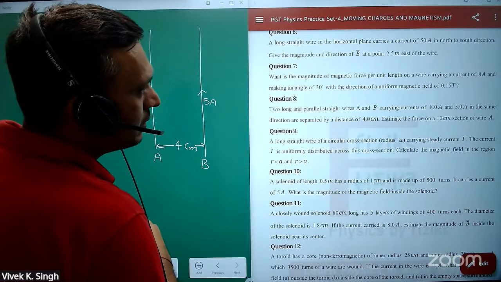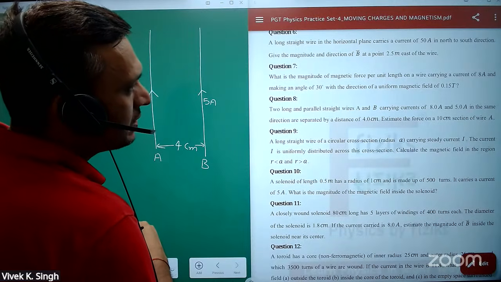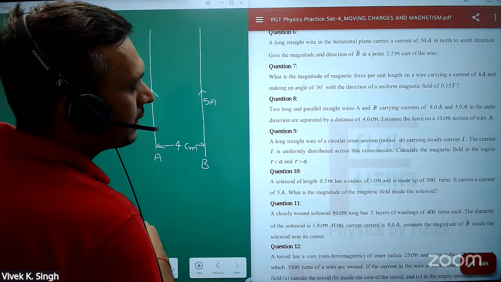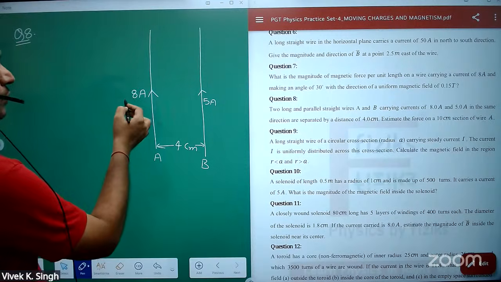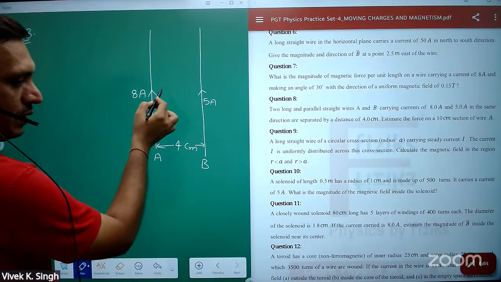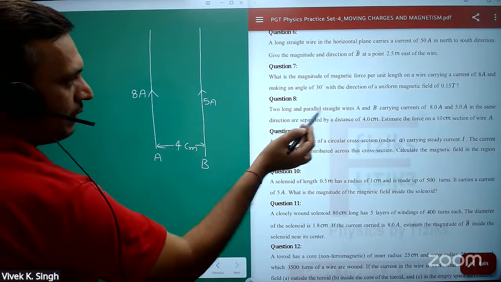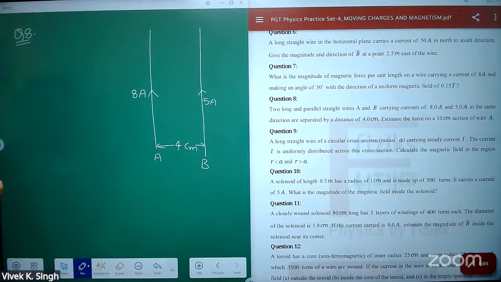Estimate the force on 10 centimeter section of wire A. What will be force experienced on this having length of 10 centimeter?